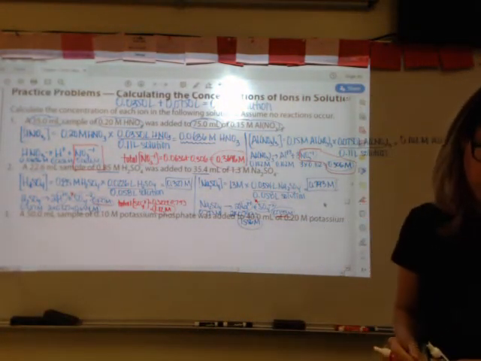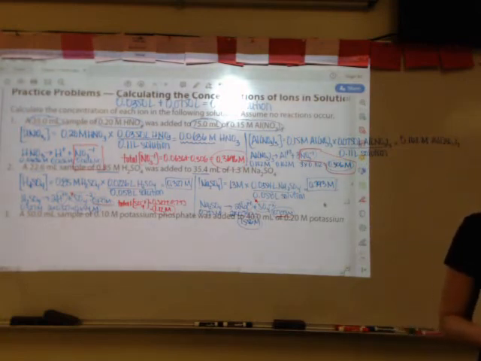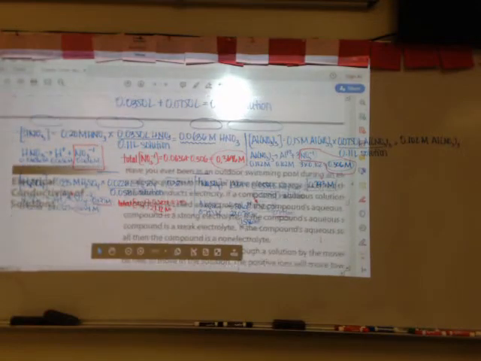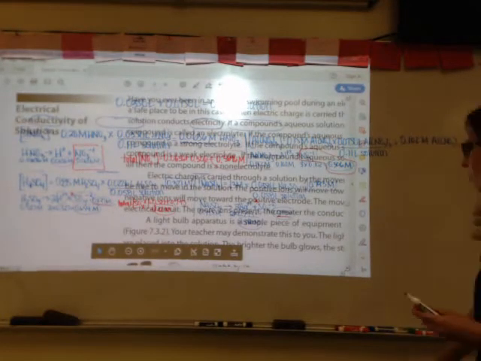Okay, so the other 2 problems, number 3 and number 4, are just like this. So we're going to move on to electrical conductivity of solutions.